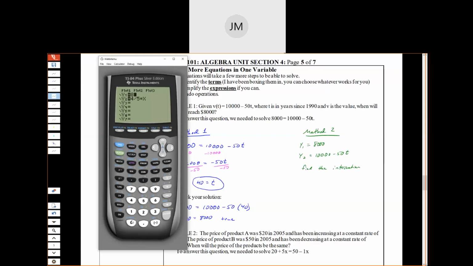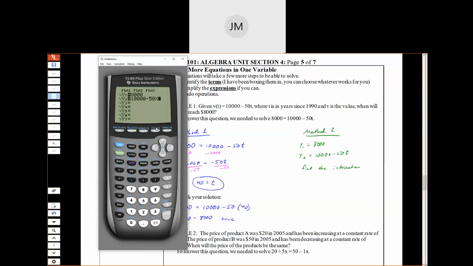So we said y1 is 8,000, y2 is 10,000 minus 50t. I can't do t, so I'm going to use x, but that's okay.